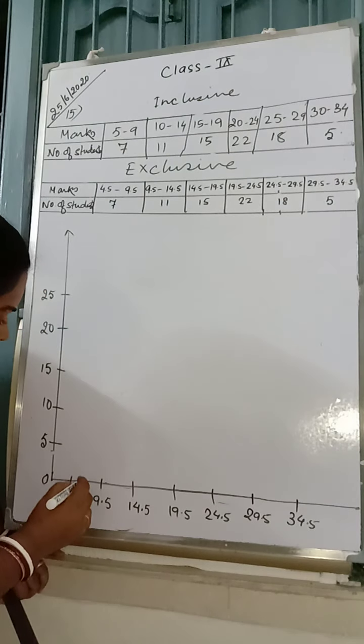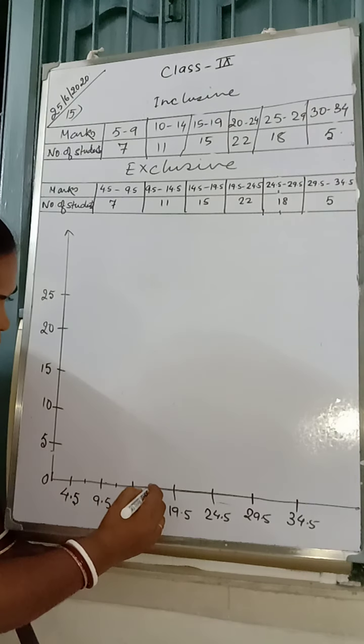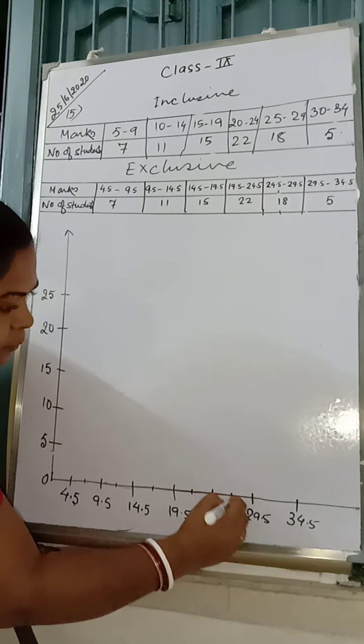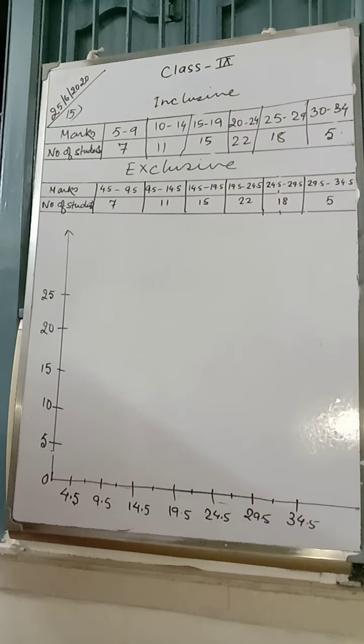Now we have to draw a frequency polygon, so we have to mark the midpoints of these gaps, is it? Now we have taken less, so I can give a curve line that fills the gap. Less gap, more gap, it fills the gap.